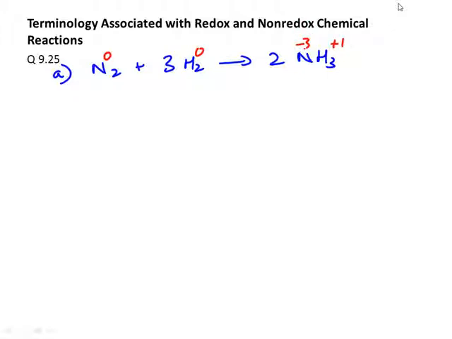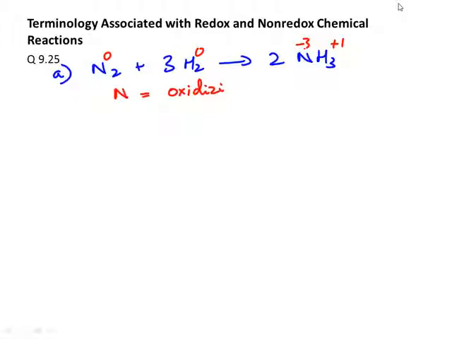So which substance is getting reduced in this process, meaning it's gaining electrons? Yes, nitrogen is gaining electrons. It is being reduced. That means that nitrogen is the oxidizing agent.